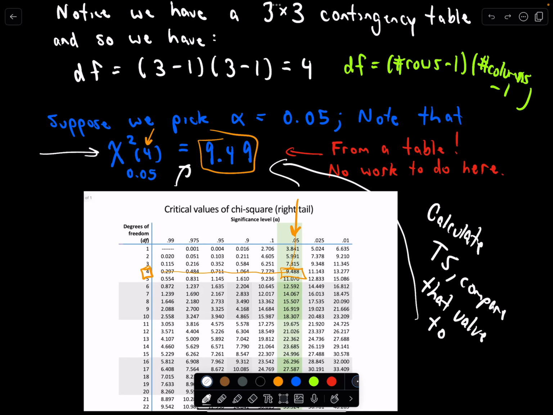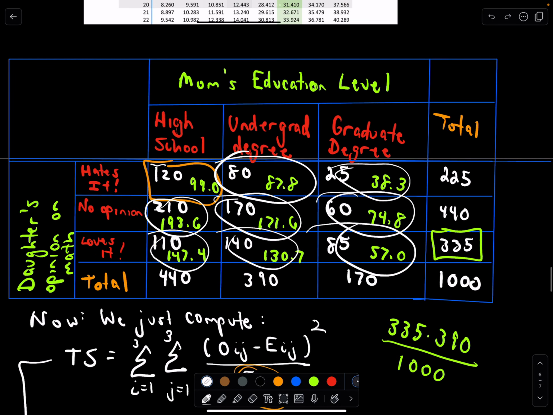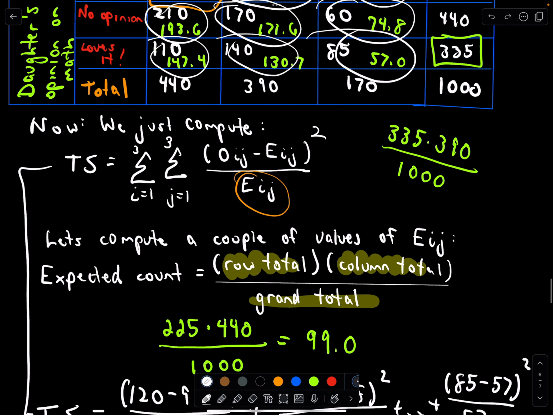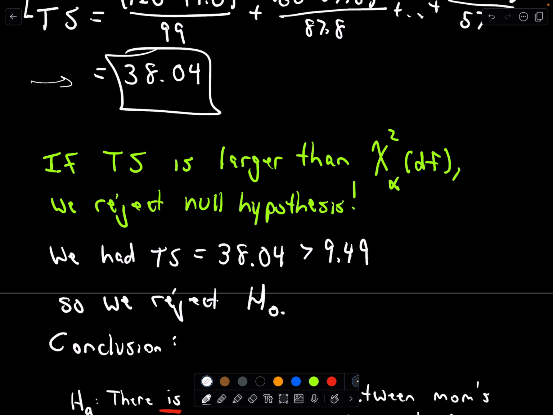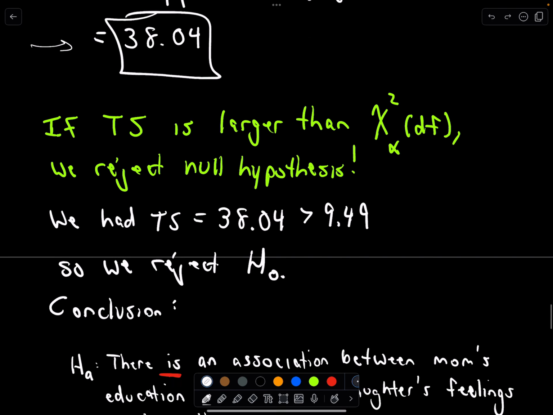The observed counts will be given to you. Then you use the little formula to get the expected counts. Then you're just subtracting them, squaring, dividing by the expected counts, getting that test statistic value, and simply comparing it to the value you got in the table.